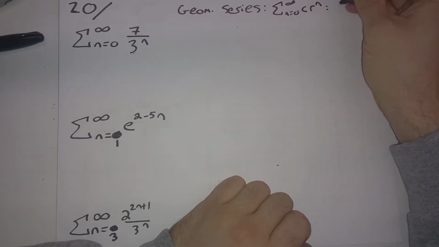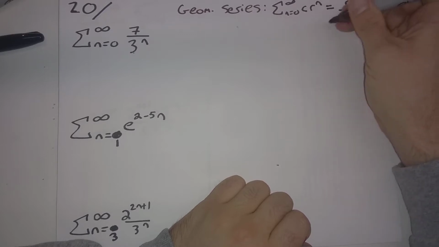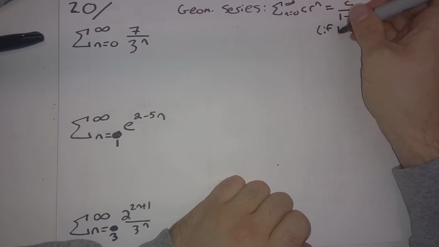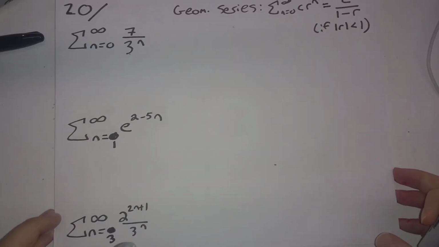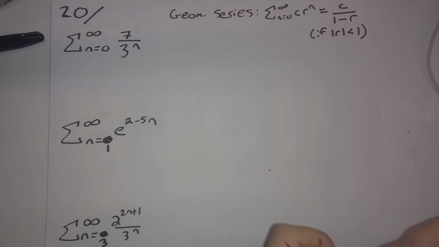This is equal to c divided by 1 minus r if the absolute value of r is less than 1. If the absolute value of r is equal to 1 or greater than 1, then the series is going to diverge.